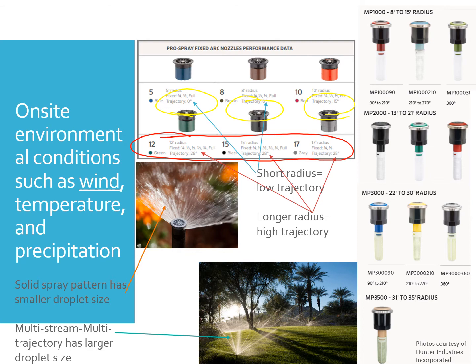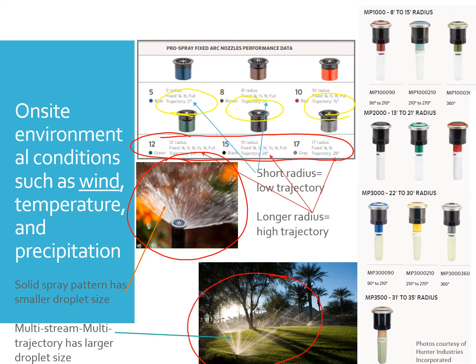So something you might want to consider, instead of using a solid spray pattern that has a smaller droplet size, is choosing a multi-stream, multi-trajectory nozzle that has a larger droplet size.